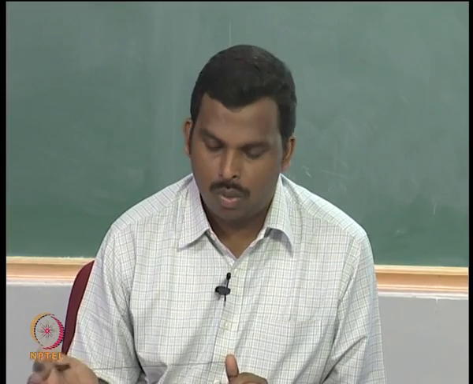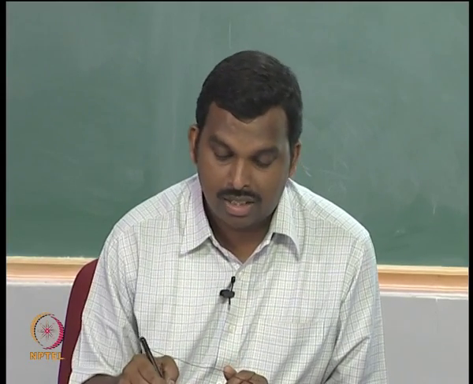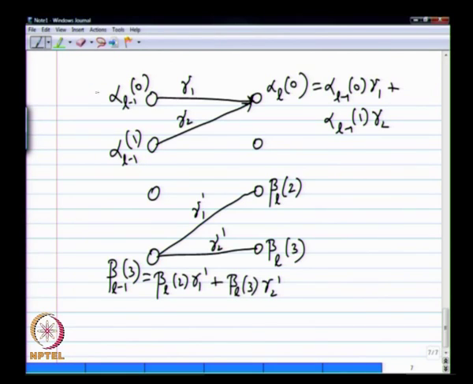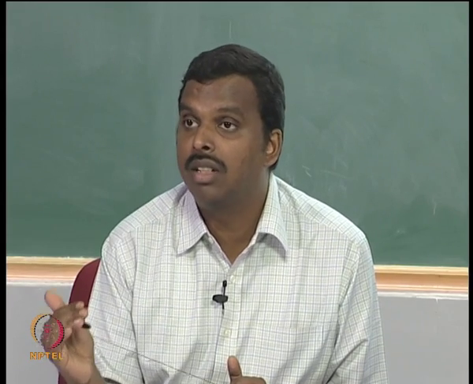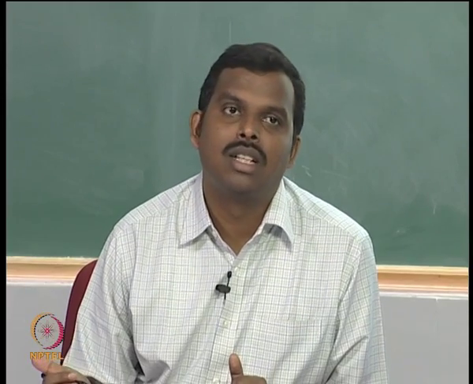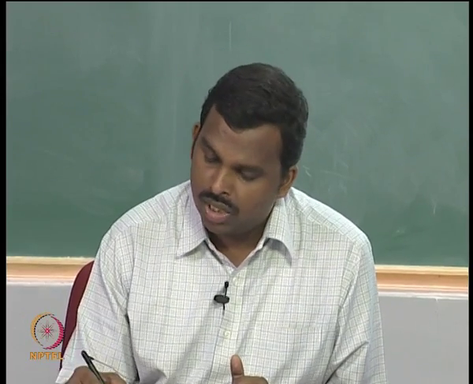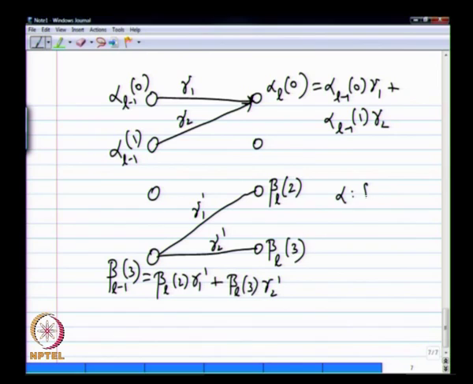At the zeroth stage on the left you only put probability 1 for this and everything else 0. What about beta? Beta likewise is zero terminated. At the k plus 1 stage, only the zero terminated state, the 0th state, will have probability 1, everything else will have probability 0.